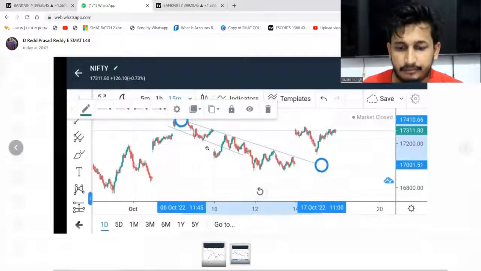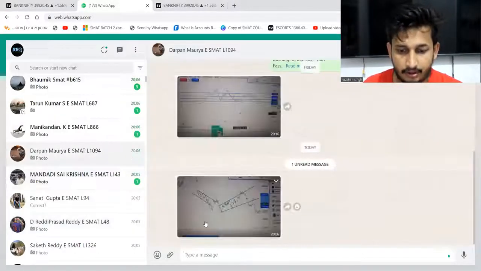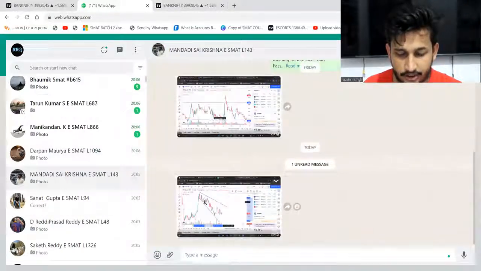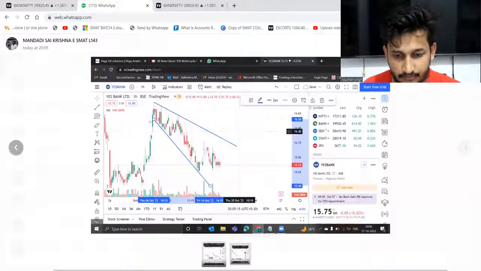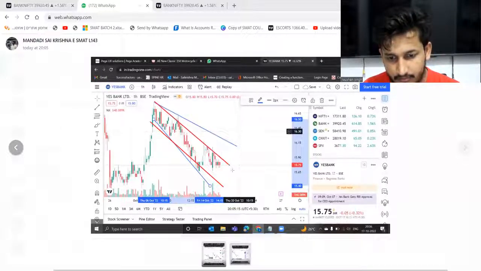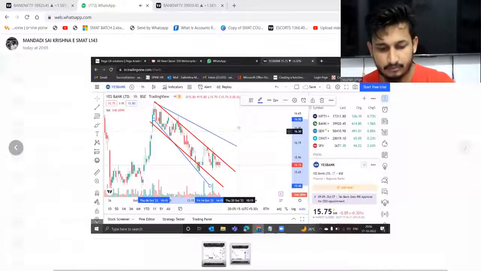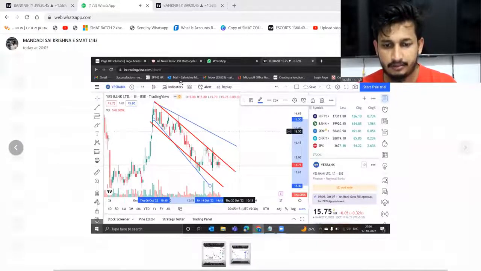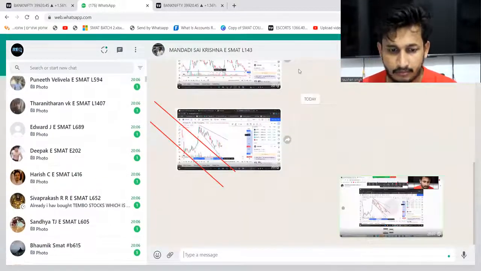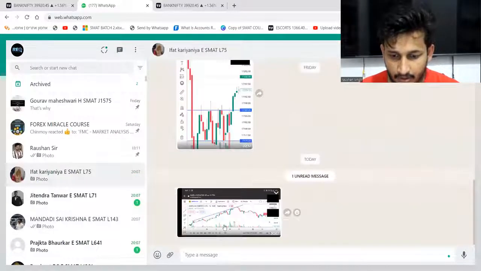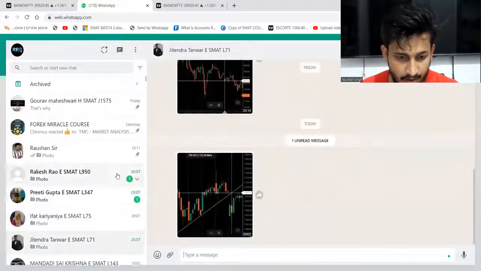The upper one is correct. The lower one should stretch till the end. Darpan, correct. Sai Krishna, not correct, it should be like this. Ifat, correct. Jitendra, correct.